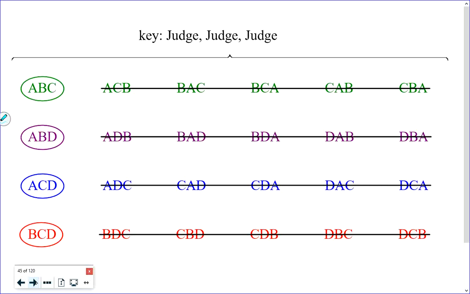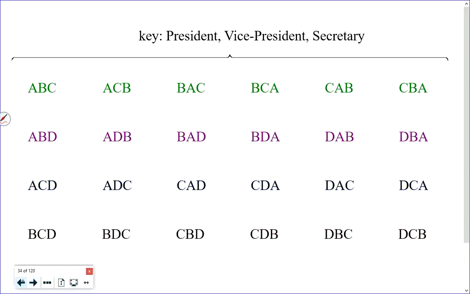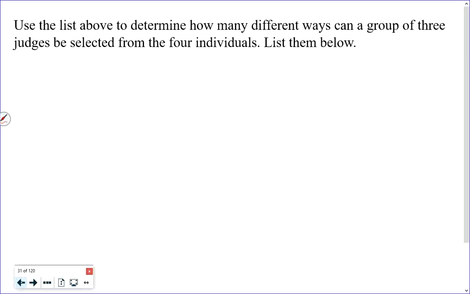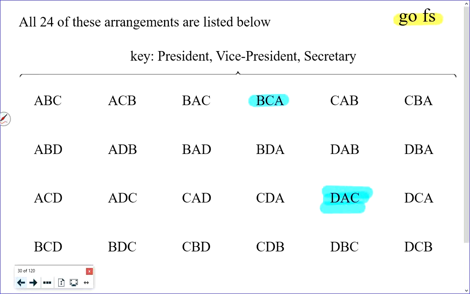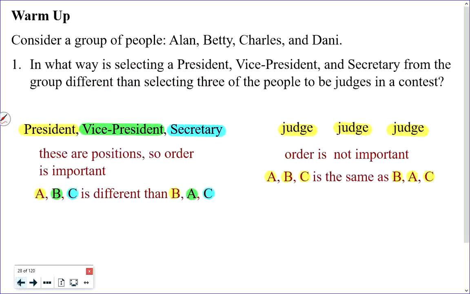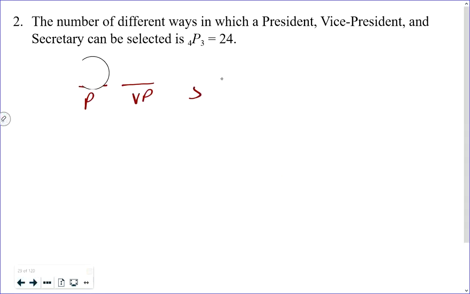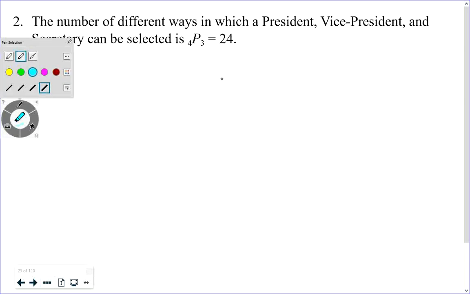This, by the way, and we'll get to the notation in your notes in a second, is written as 4p3. That's how many permutations of 3 items out of a group of 4 there are.